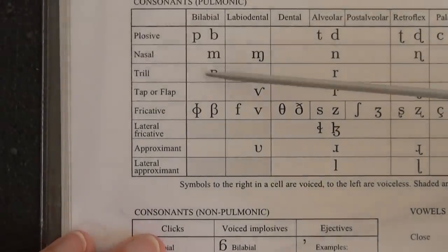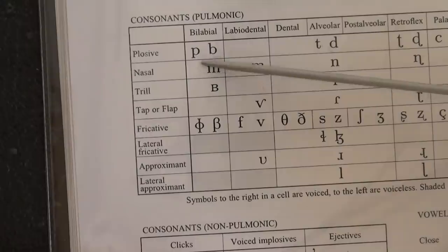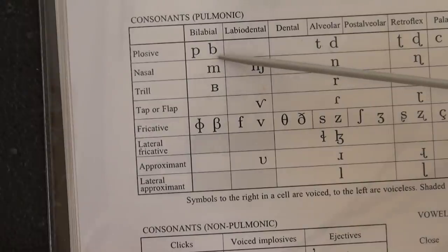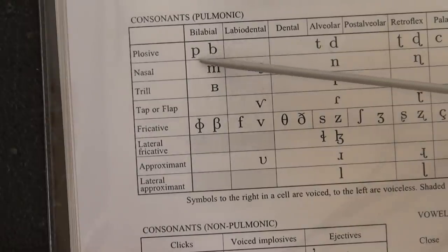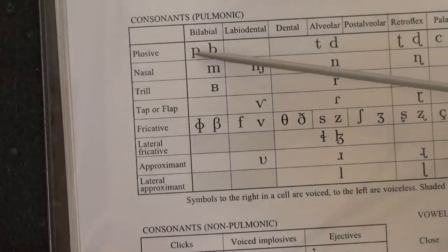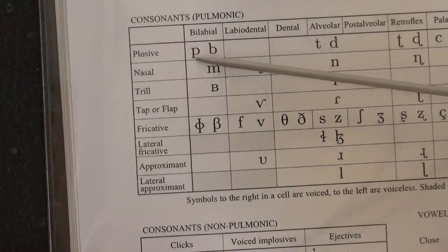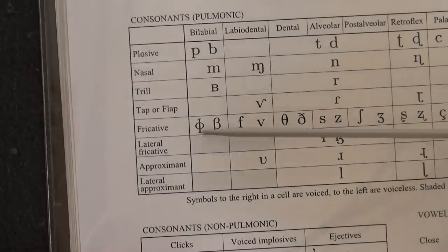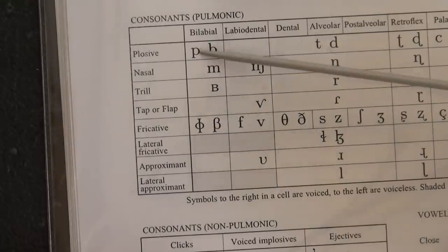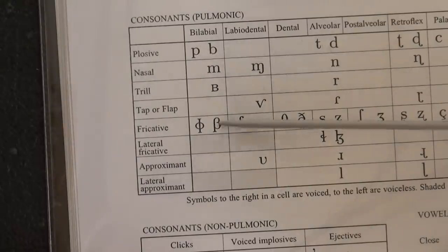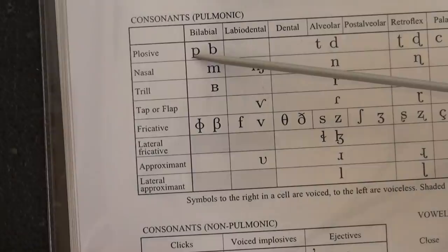I'll try to pronounce these sounds. Here we have P and B. When there are two letters like this, left and right, then the left one is, how do you say it, voiceless.